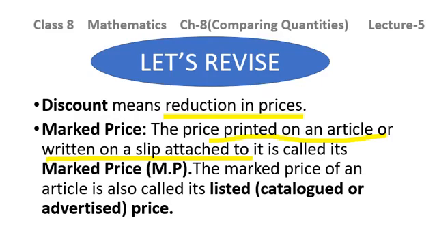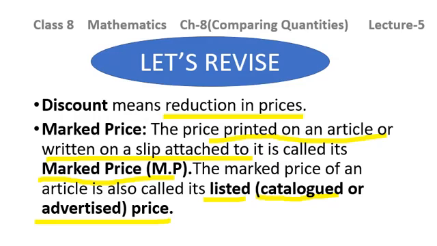But the price printed on an article or written on a slip attached to it is called its marked price. And the marked price of an article is also called its listed, catalogued, or advertised price.